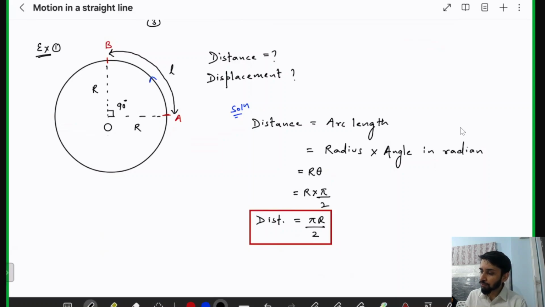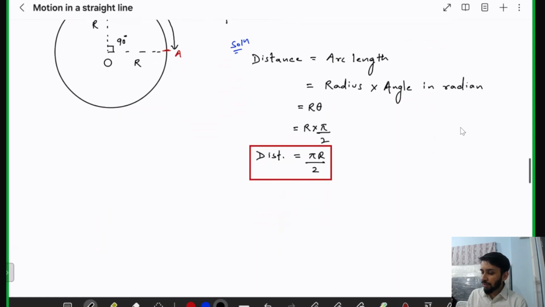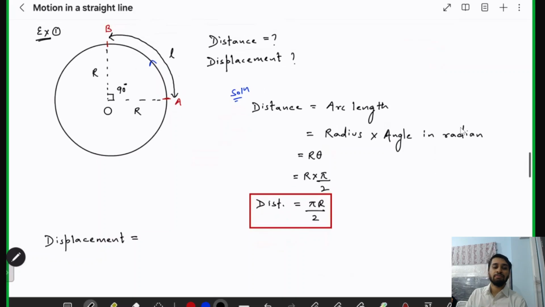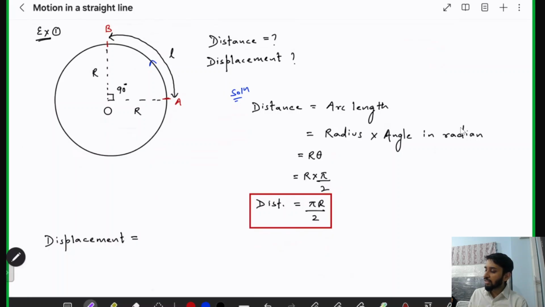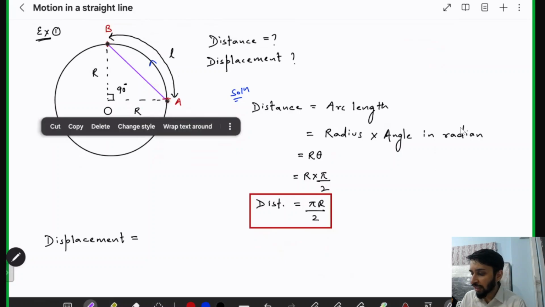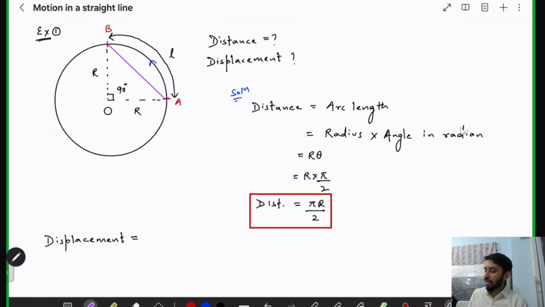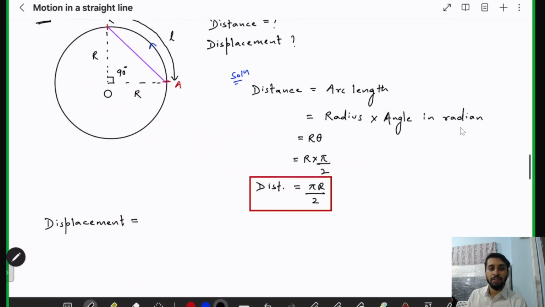Now let us talk about displacement. So what is displacement? Displacement is the shortest distance between the initial and final position. So if I draw a straight line joining the points A and B, that will become your displacement.